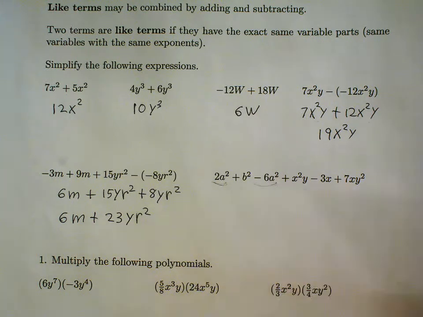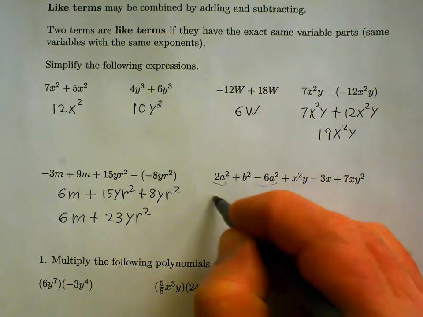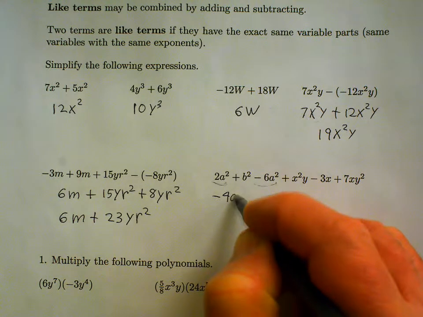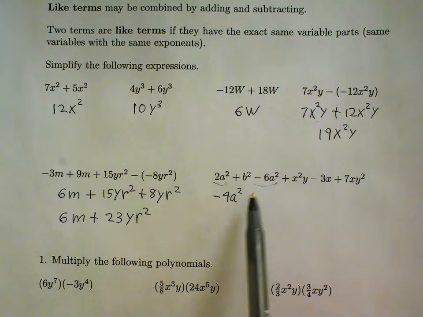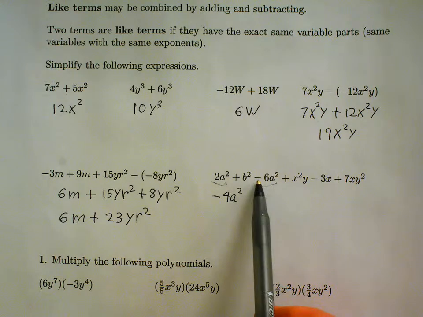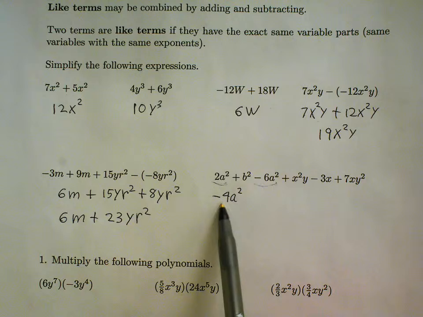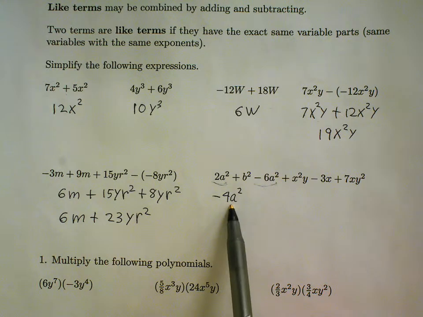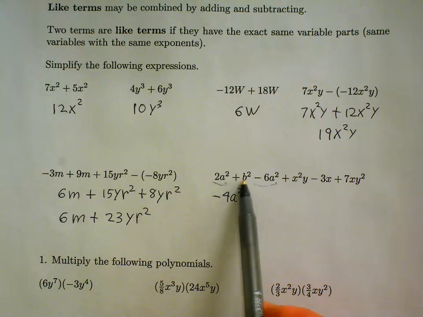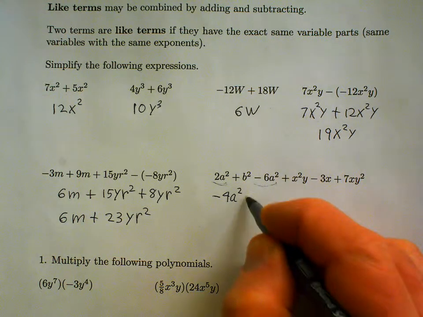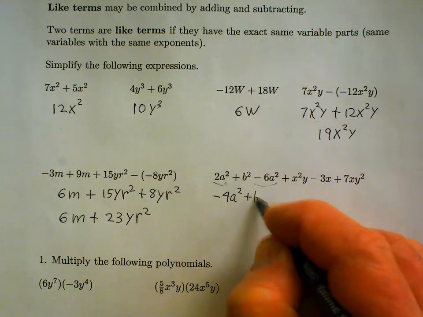So 2a to the second minus 6a to the second is negative 4a to the second. For like terms, we perform the operation on the coefficients to find the coefficient of the result. There's one term with b to the second, so we still have plus b to the second.